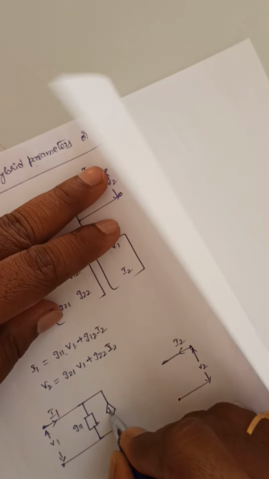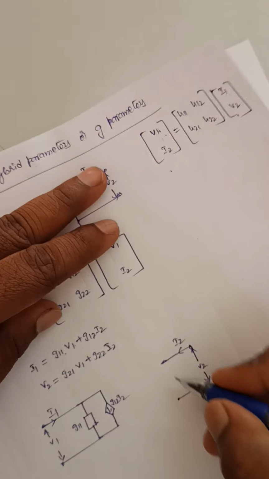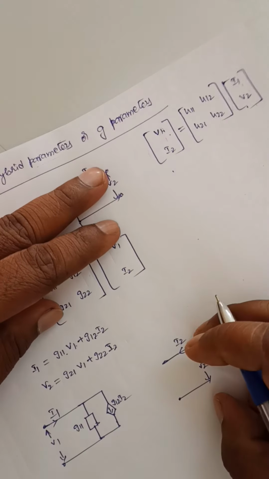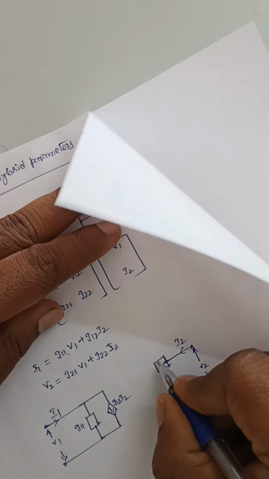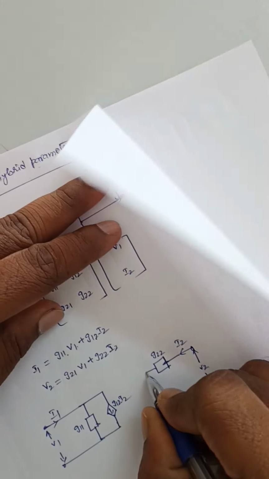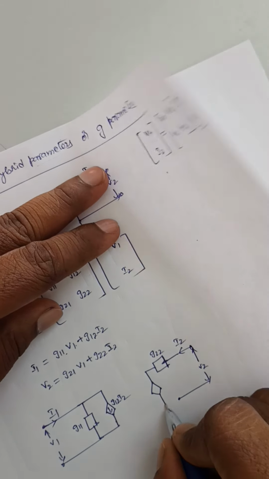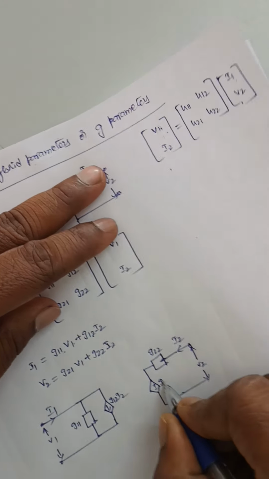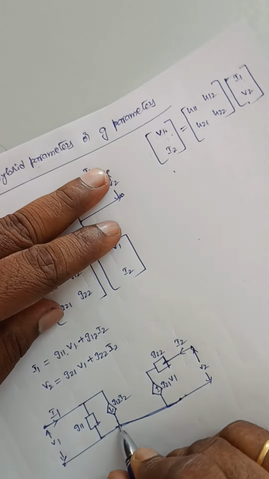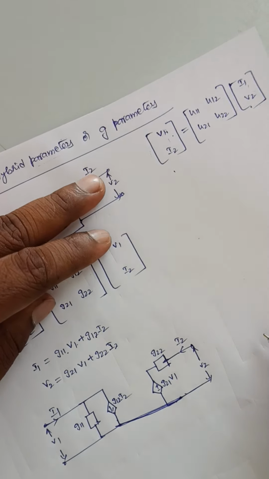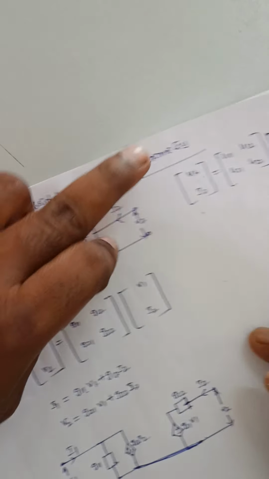Now coming to this, V2 is equal to G22 I2, so it is G22, plus G21 V1. So this is the equivalent circuit of this two-port network in terms of G parameters.